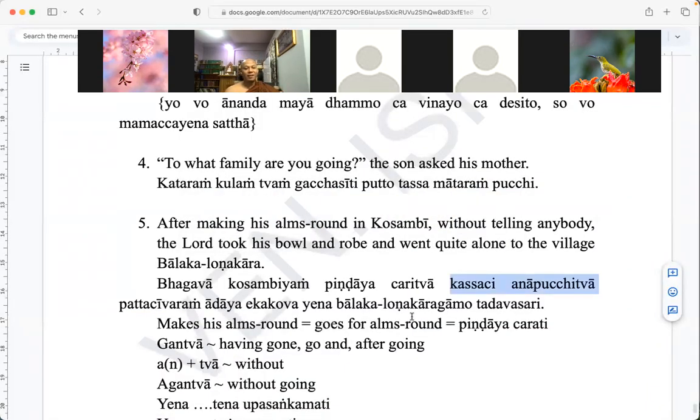And the next point also on number 5, Bante, it is for quite alone. For quite alone in here, Bante, the translation is eka kowa. Eka is alone. Iwa is quiet, or sole, or just.